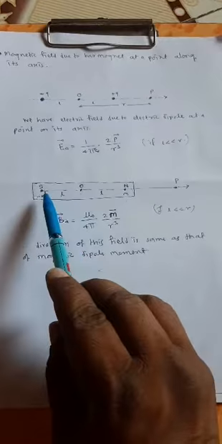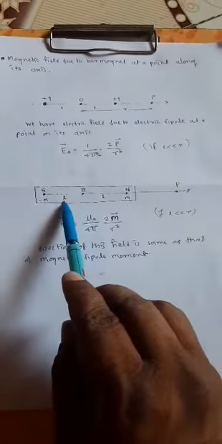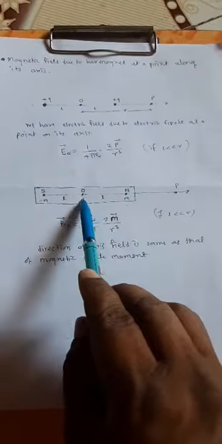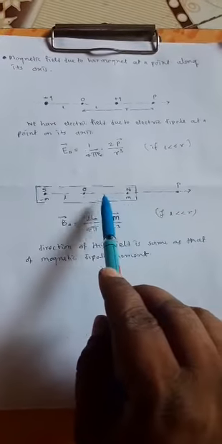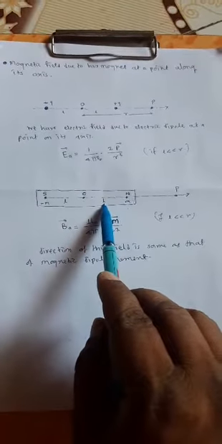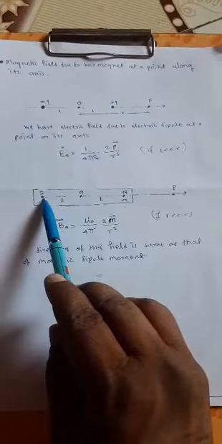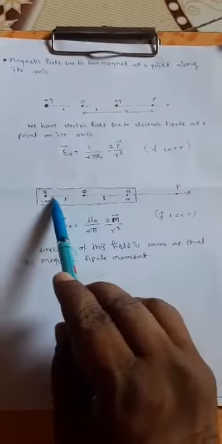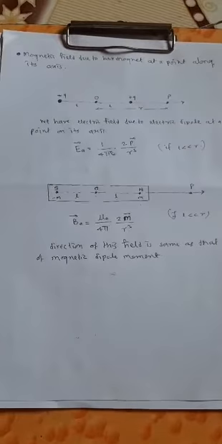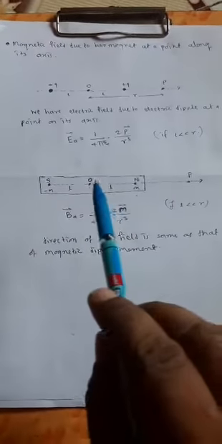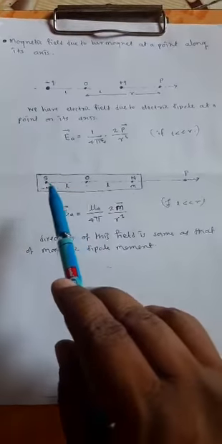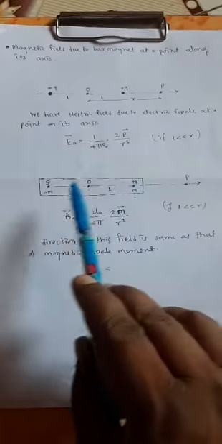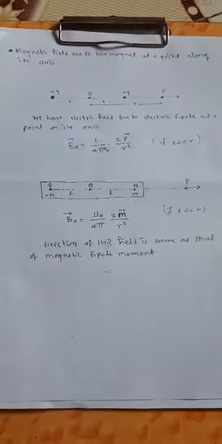Distance of S pole from the center is denoted by l, and distance of the north pole from the center is also l. Therefore, the total length of this bar magnet is l + l, that is 2l. 2l is the distance between the two poles of the bar magnet.